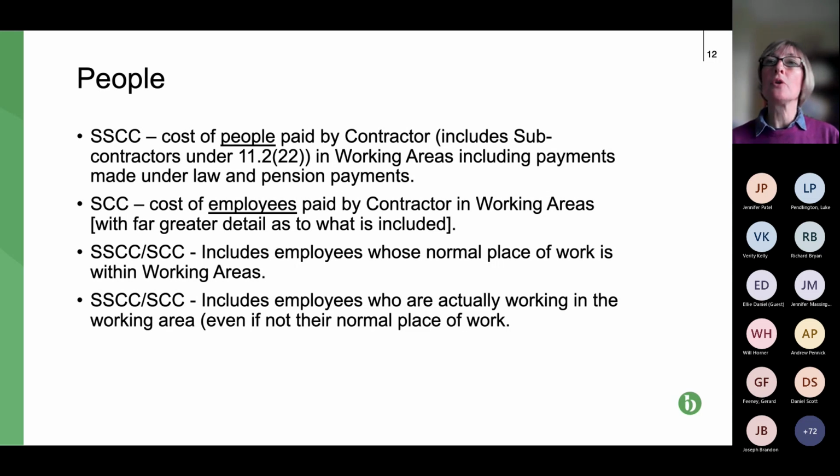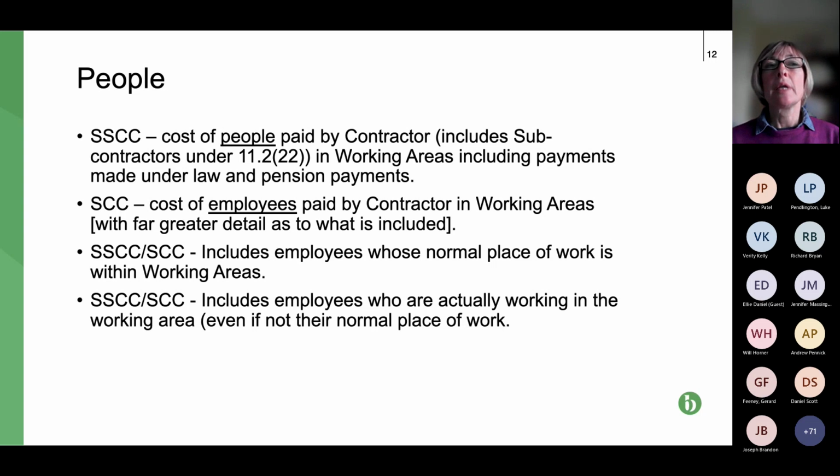Under NEC 4, it's dealt with under the separate heading for subcontractors. So we're just looking at, if we're talking about a contract, the contractor's employees, agency staff, and yeah, the agency staff typically will be under sort of corporate individual companies.